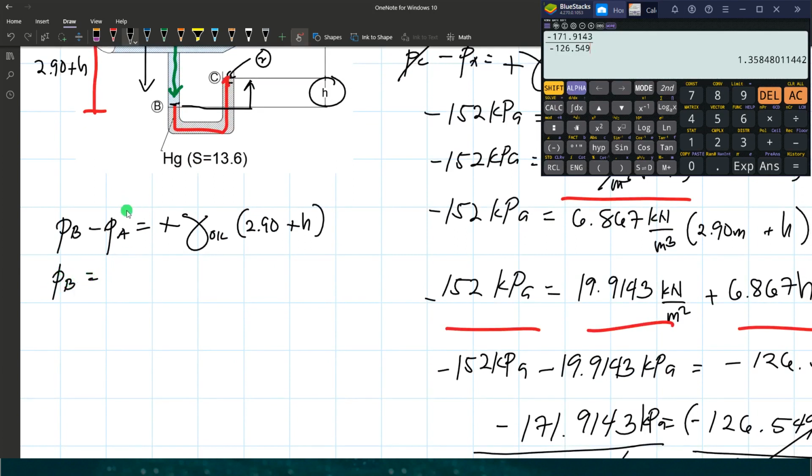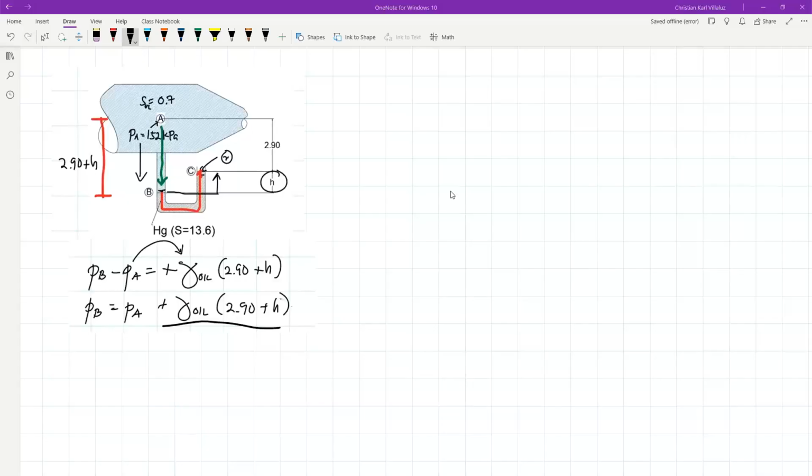Transposing pressure A to the right hand side of the equation, it becomes positive. So PA plus unit weight of oil times 2.9 plus H. So again, we use a positive sign for this term since it is going downward from point A to point B alone.